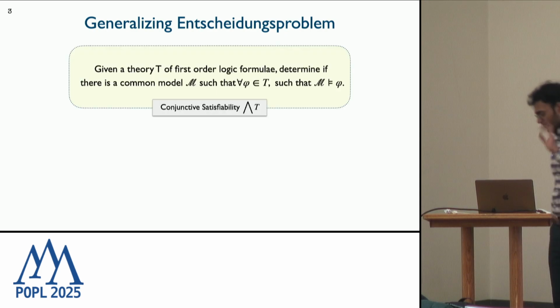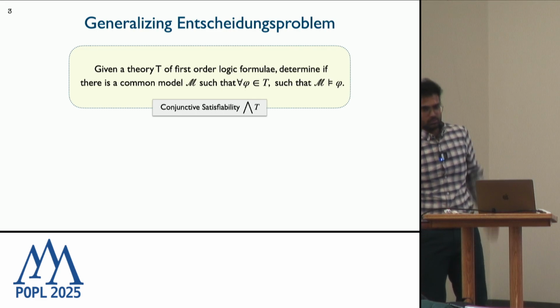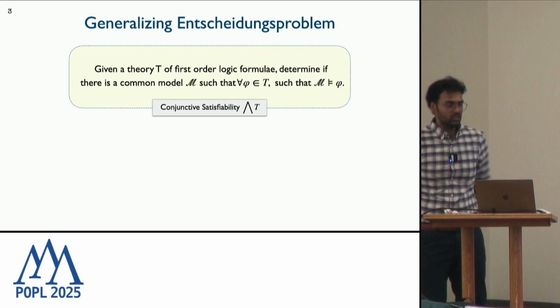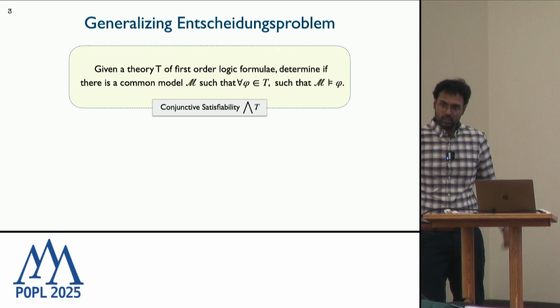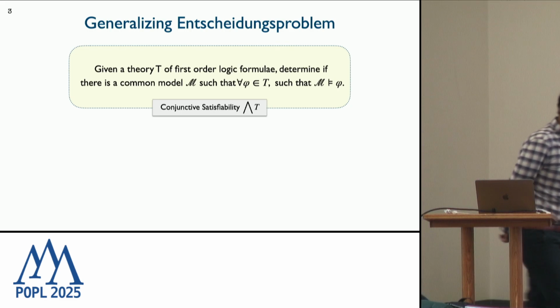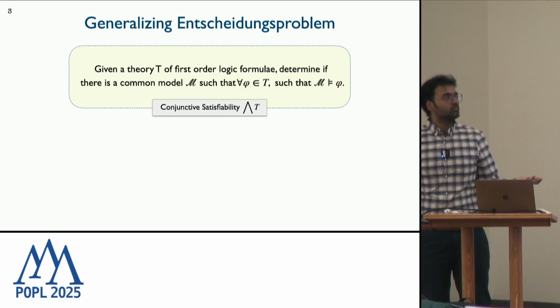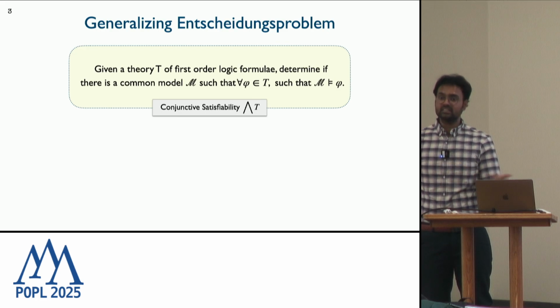A mild modification of the same question gives you this problem statement. You have a theory T, which is a set of formulae. Think of these as formulae in first-order logic. And the question that you ask is: is there a common first-order structure that satisfies all the formulae in this theory simultaneously?